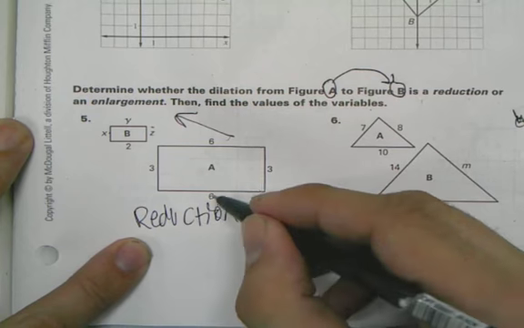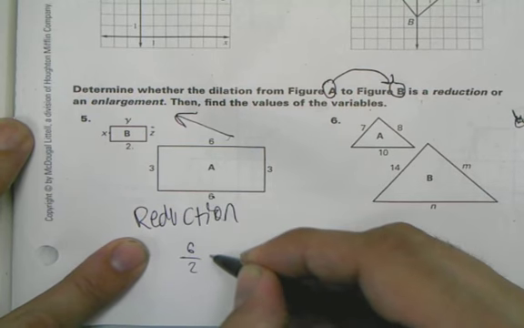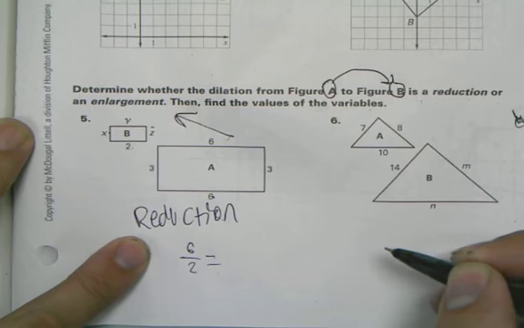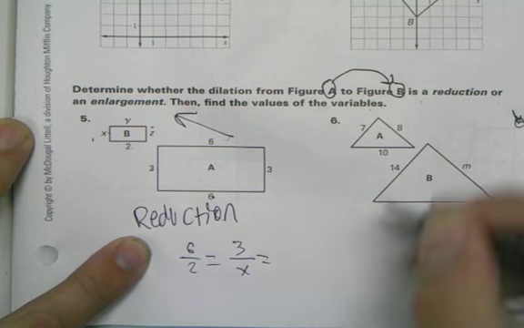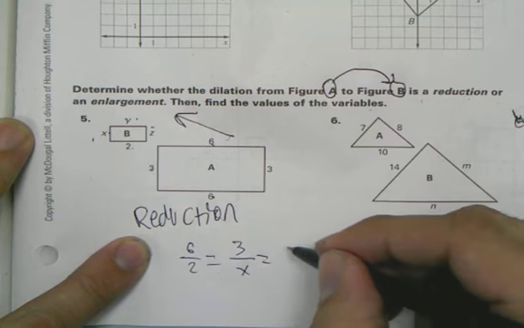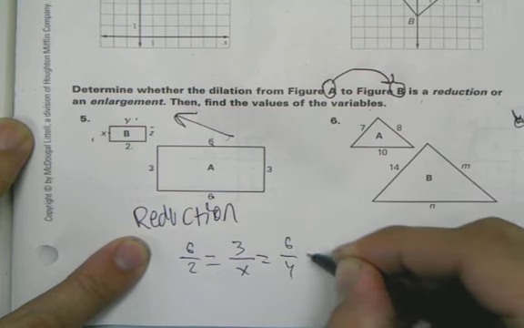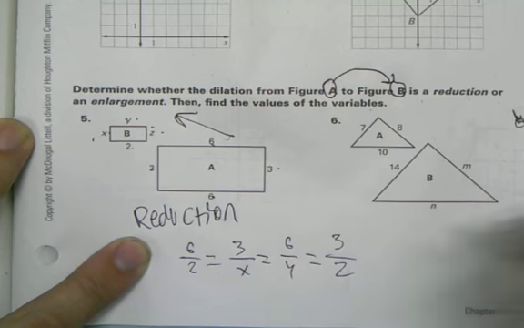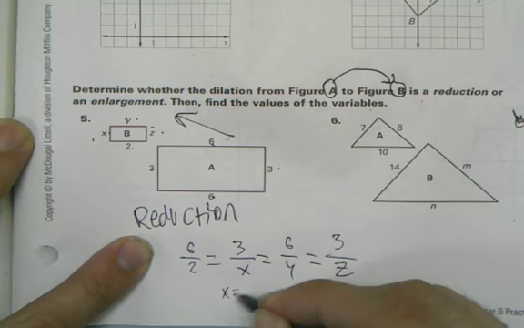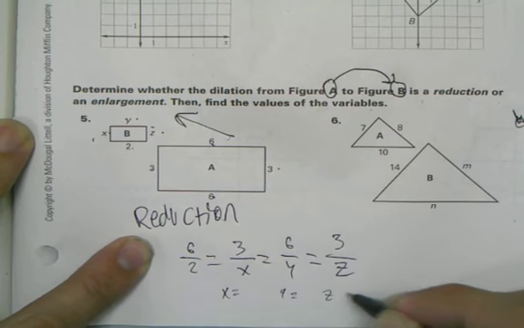So we know that this is going to be 6 over 2, which is going to equal 3 over x, which is going to equal 6 over y, which is going to equal 3 over z. All right. You could take all of these separately, but we know that this is going to be like 3 over 1. So what's x going to equal? What does y equal? What is z going to equal?